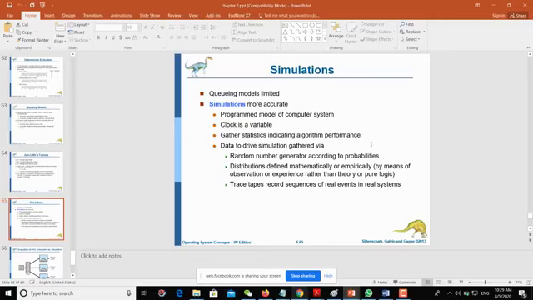In simulations we have a programmed model of a computer system, and the clock is a variable.